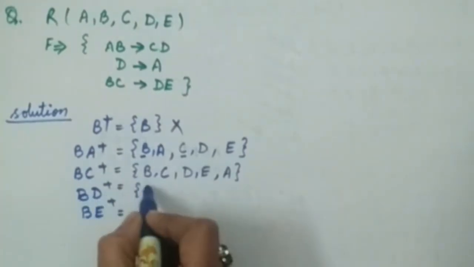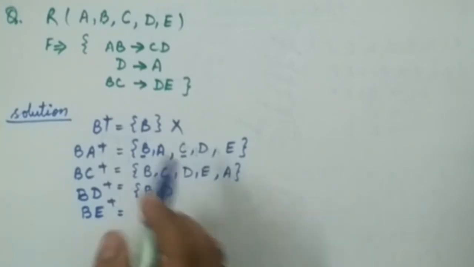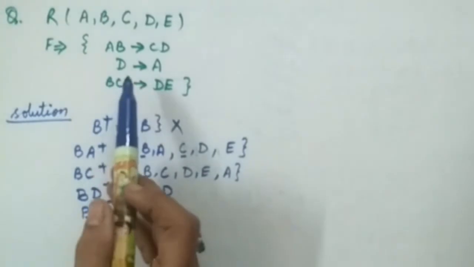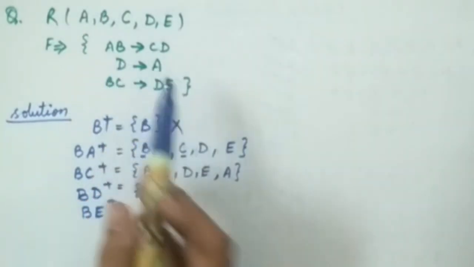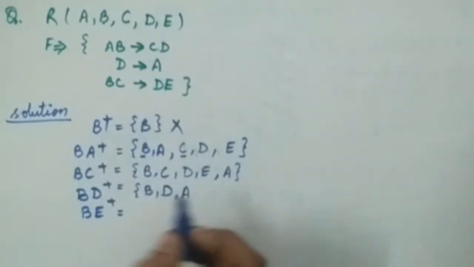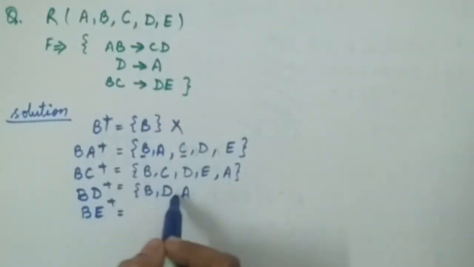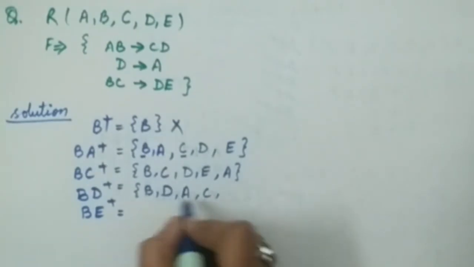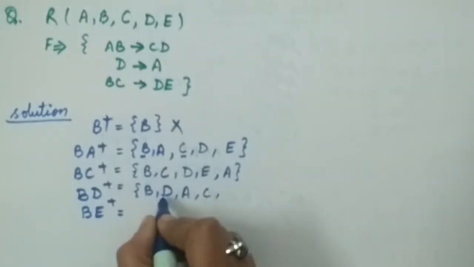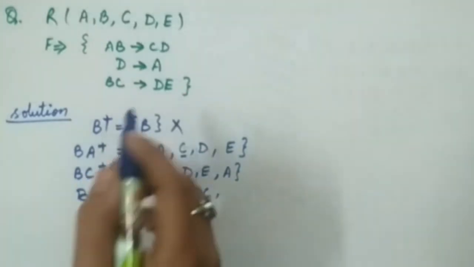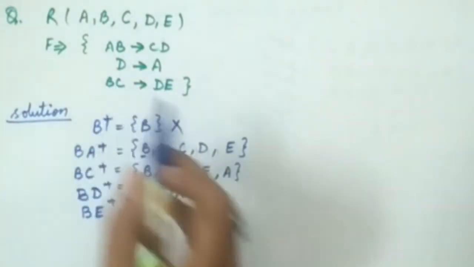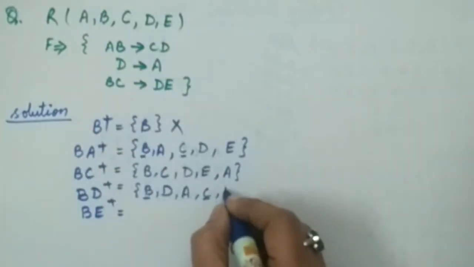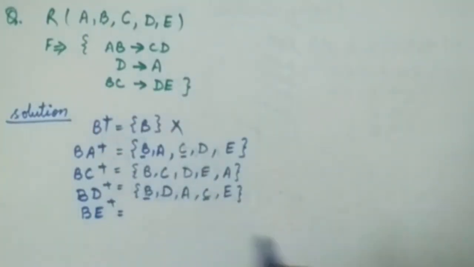Next, BD, B comma D. With D I can reach A, and AB, I have both the attributes, so with AB I can reach CD. C and D already written. E is left, so to reach E I need BC, and I have both B and C, so with BC I can reach DE, D already written.